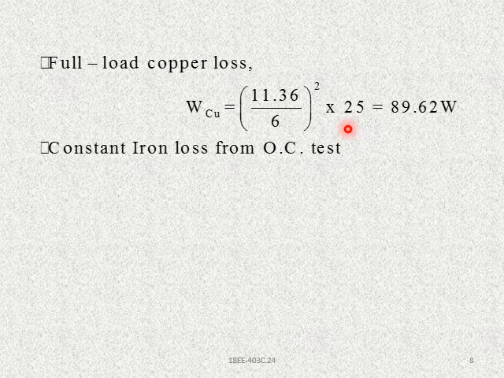And for the constant iron losses from the OC test, we can note that W naught is equal to 70 watts.